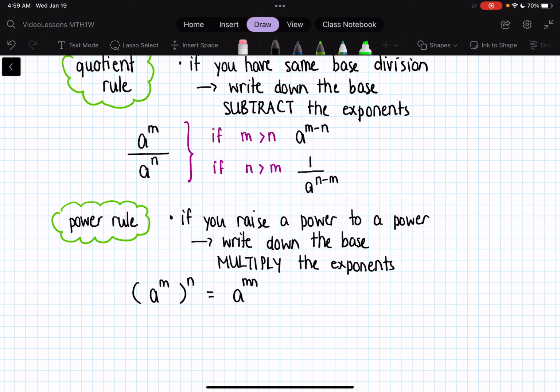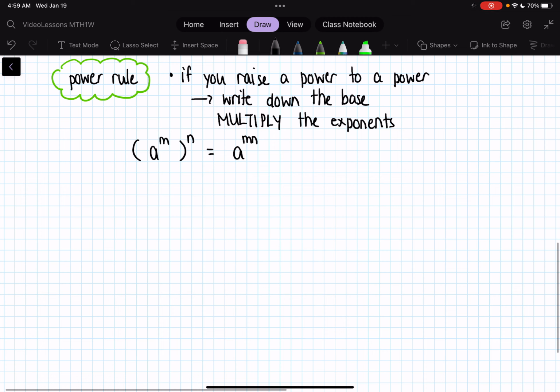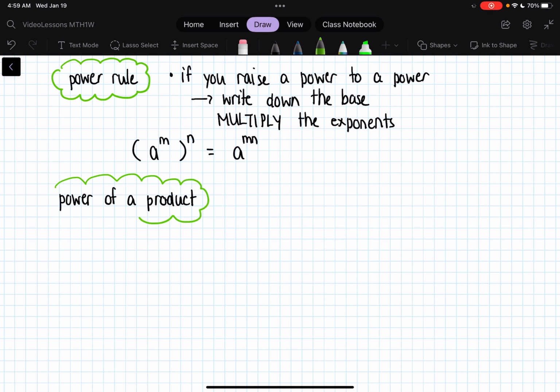The next two rules, we don't really verbalize or write out the rule itself. We just illustrate them. So, power of a product. Remember, product means we are multiplying. So if I give you two things that are being multiplied inside the bracket and I raise the whole thing to a power, then everything gets the power.